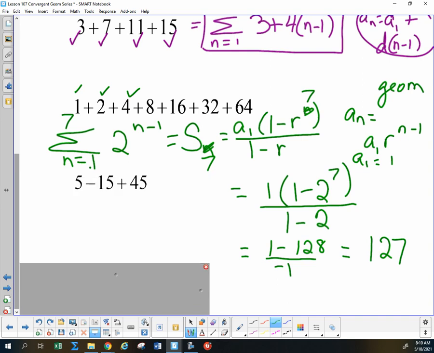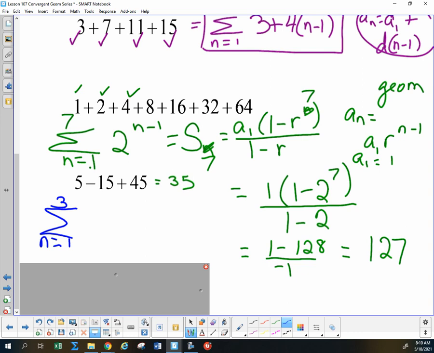Okay, really short one right here. It would be really, really easy for us just to say we have negative 10 plus 45, that equals 35. But what I want to do is to write it in sigma notation. So let's see if we can do that. How many terms, everybody? Is this one arithmetic or geometric, Lily Rose?